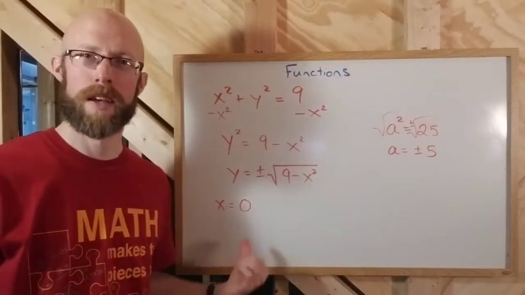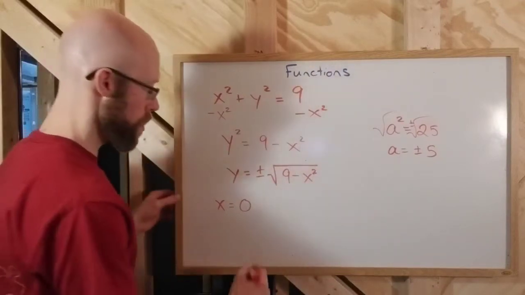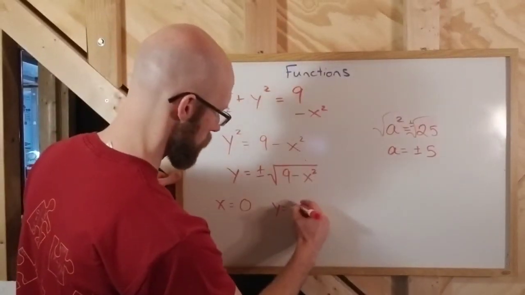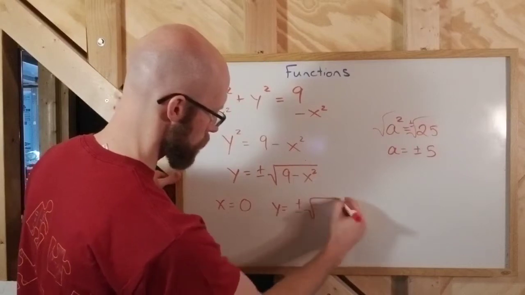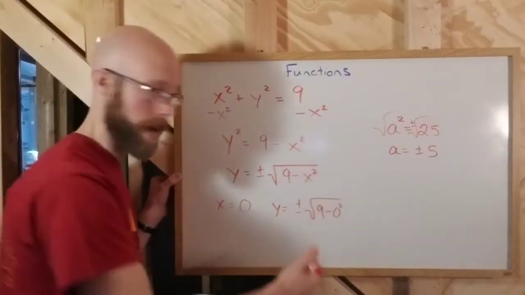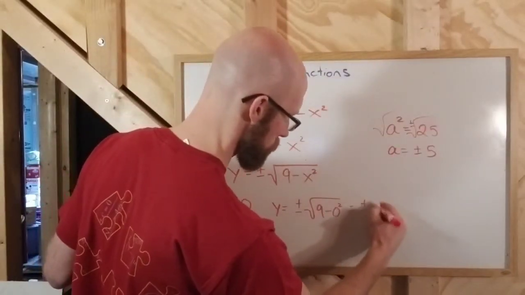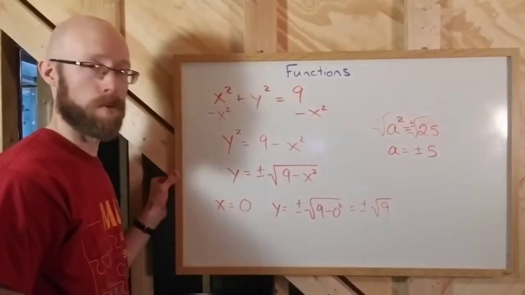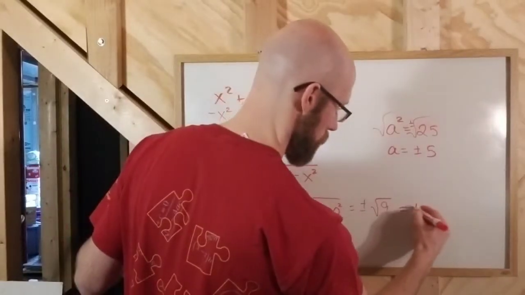If x is equal to 0, then y is going to be plus or minus the square root of 9 minus 0 squared. Well, 0 squared is 0, 9 minus 0 is 9. So that's plus or minus the square root of 9, which is plus or minus 3.